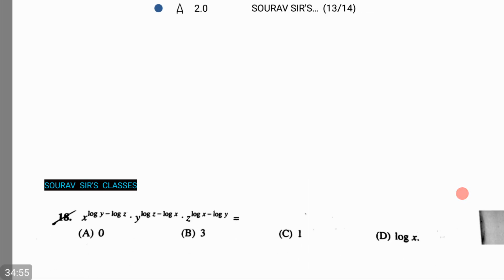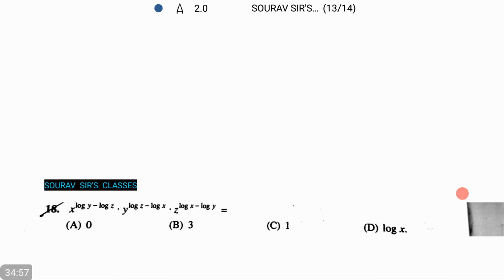All right, and we have x to the power log y minus log z, into y to the power log z minus log x, into z to the power log x minus log y. This is again a cyclic term. You can see because x, y and z just switch places with each other, right?